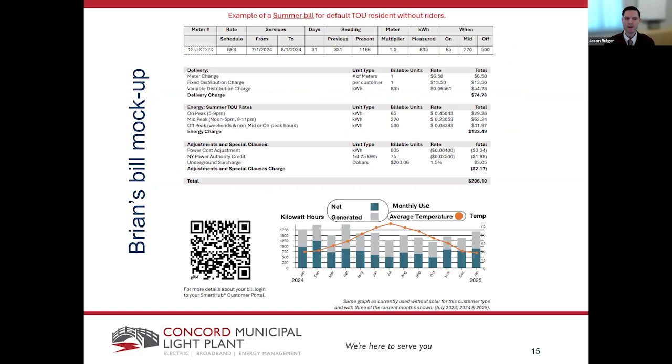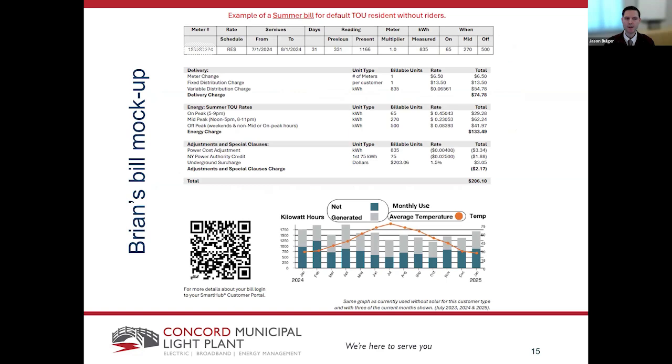And then the 13.50 is the fixed method of collection for distribution costs. The variable based on usage is there separately, but the two of them are together because they collect for the same thing.